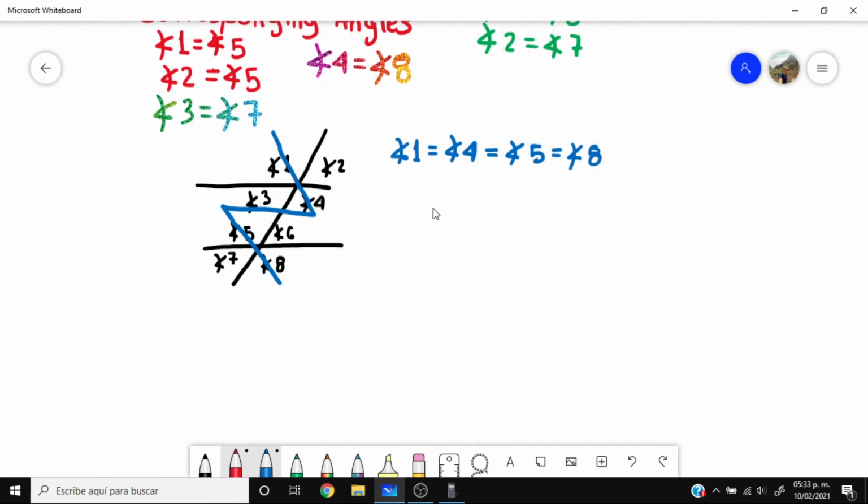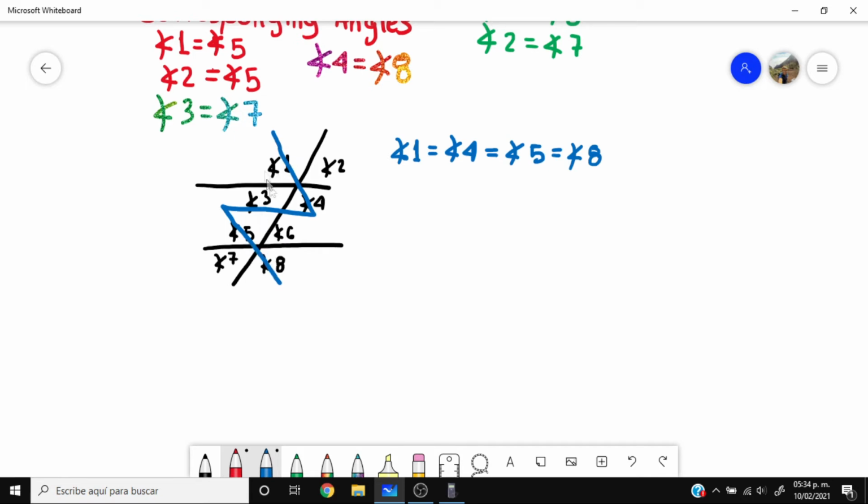And for example, if you watch the previous video, we can say that angle 1 equals angle 4 because they are opposite by the vertex. Angle 4 and angle 5 are the same because they are alternate interior, and angle 5 equals angle 8 because they are opposite by the vertex.